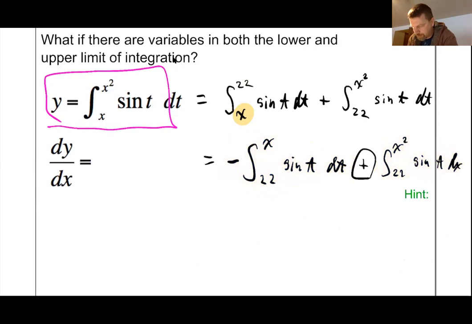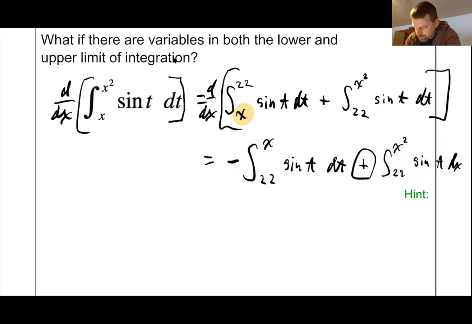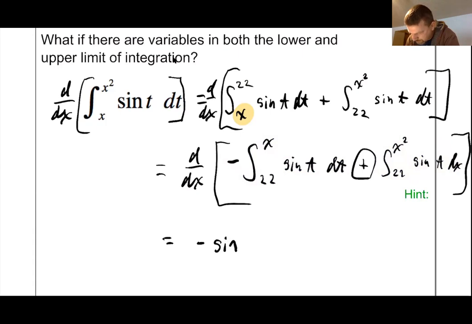We are going to find the derivative of this integral, which would be equal to the derivative of all of that, which would just be a negative sine of x plus sine of x squared times 2x.